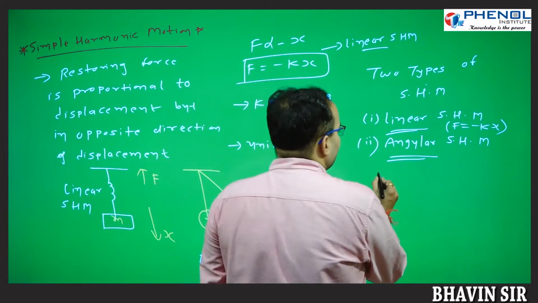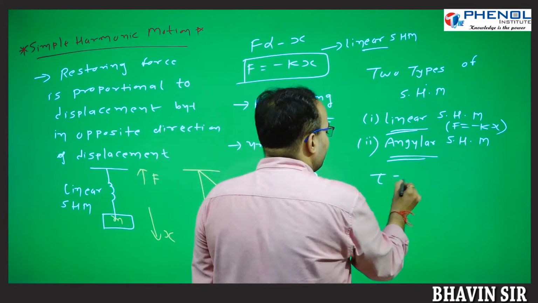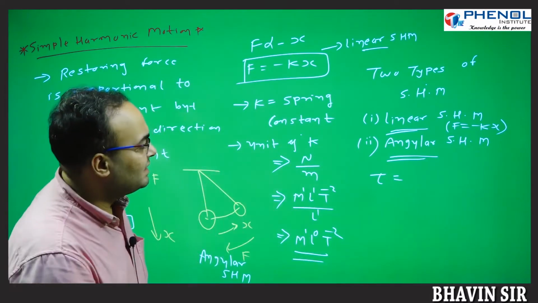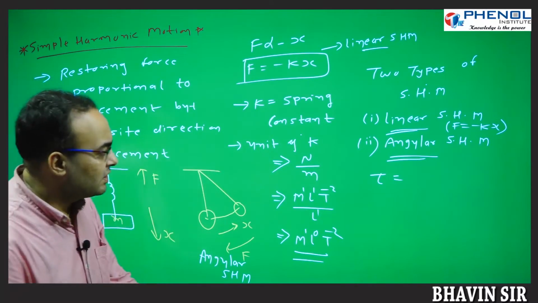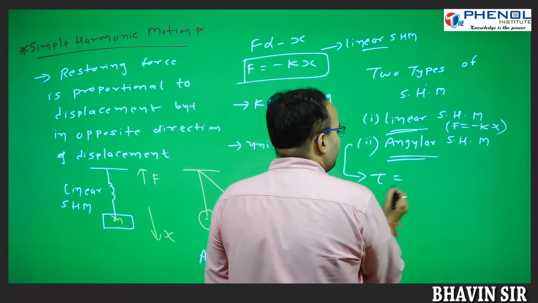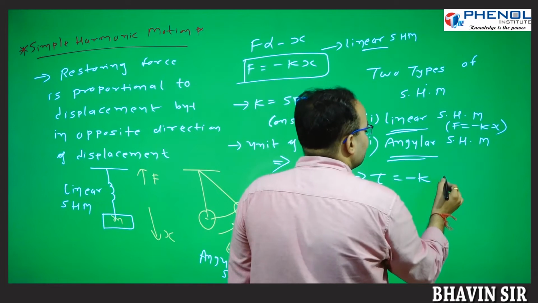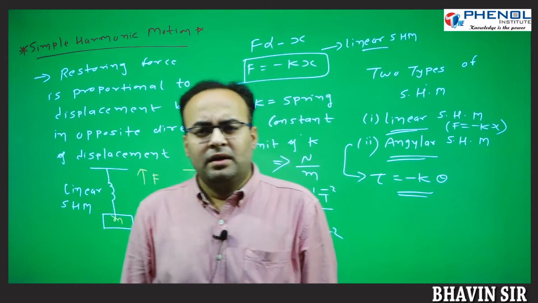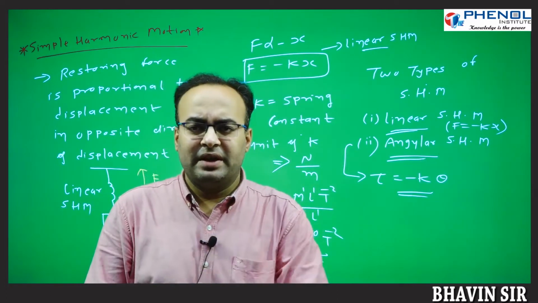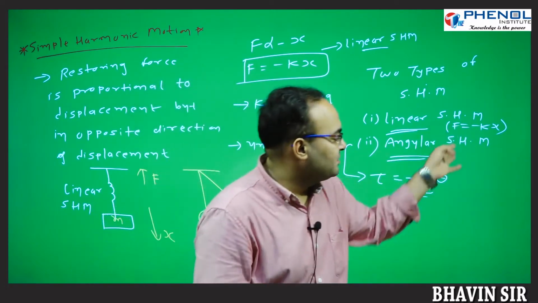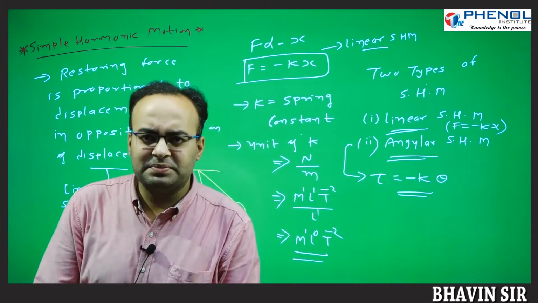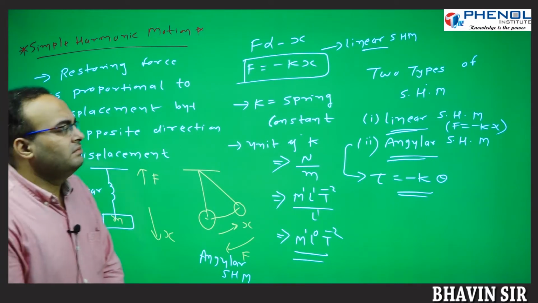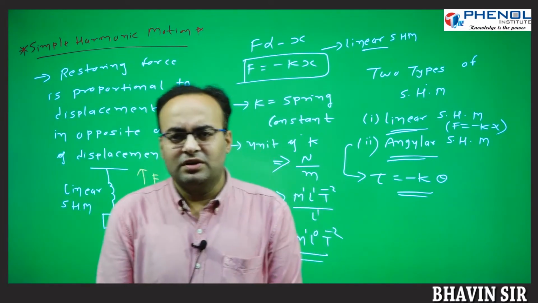In place of force in linear SHM, in angular SHM we take torque. So for angular SHM torque, k as it is, and instead of x we write theta, where theta is angular displacement. So torque is equal to minus k theta for angular SHM, and for linear SHM F equal to minus kx.